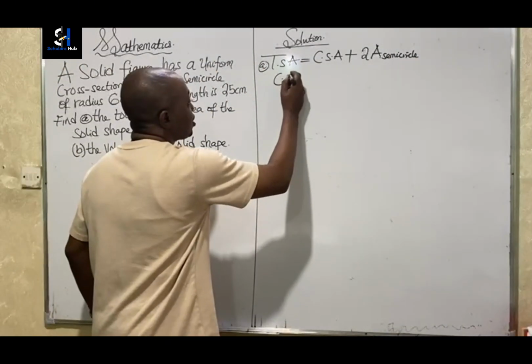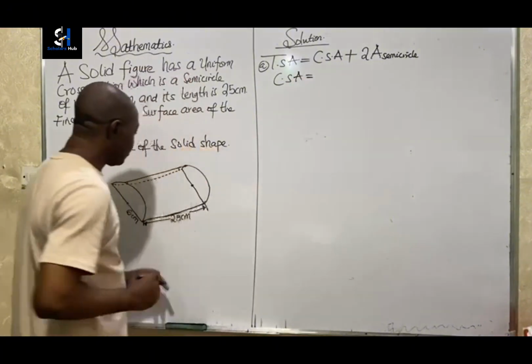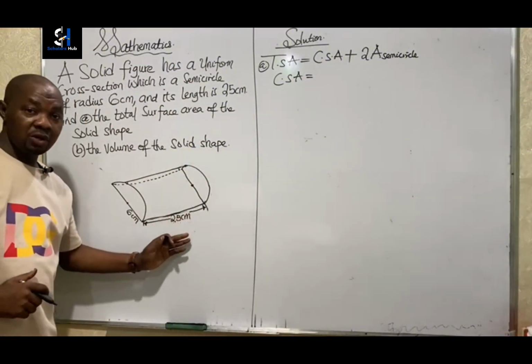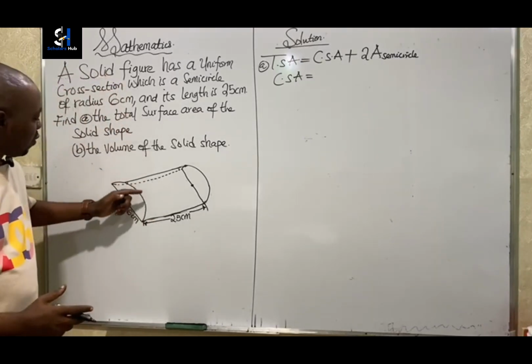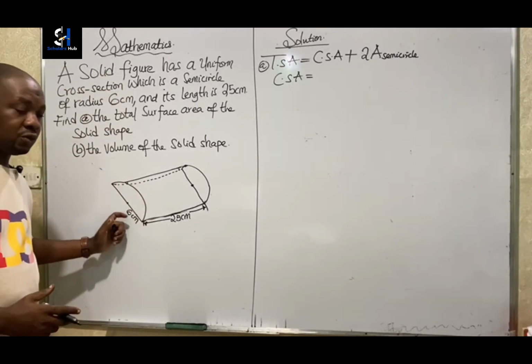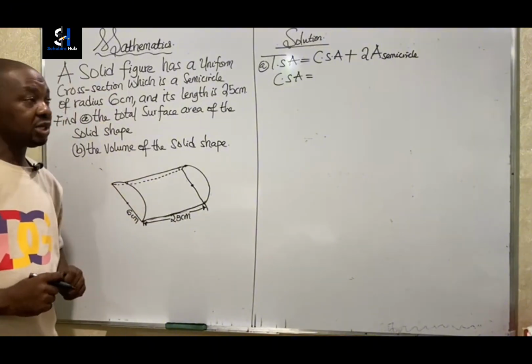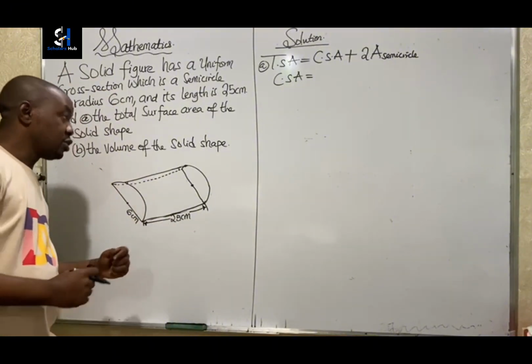Now, what is the curved surface area? The curved surface area of this semicircular cross section is the perimeter of the semicircle multiplied by the length of the cross section.